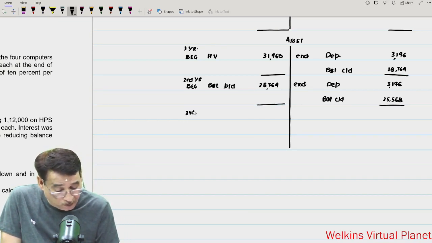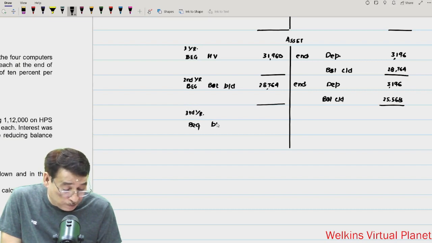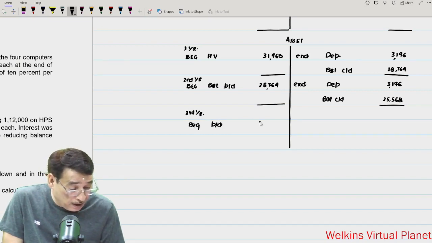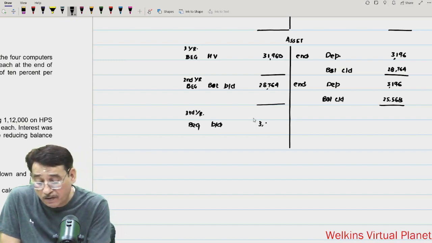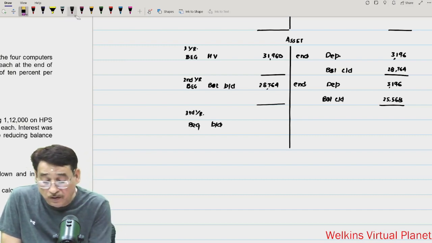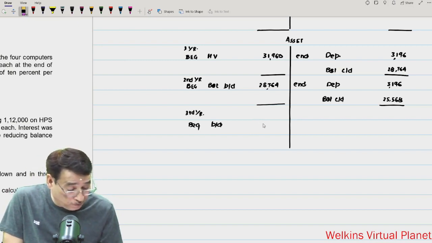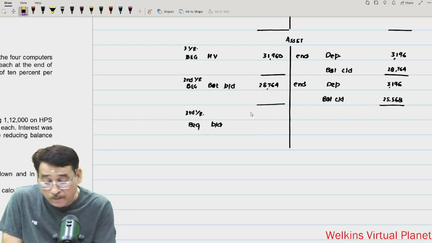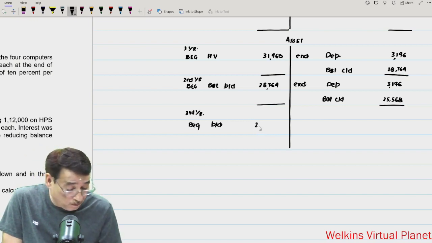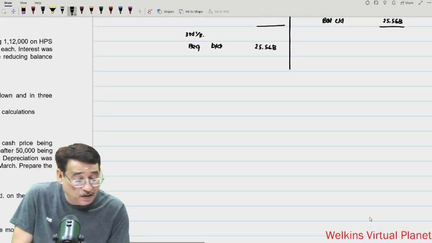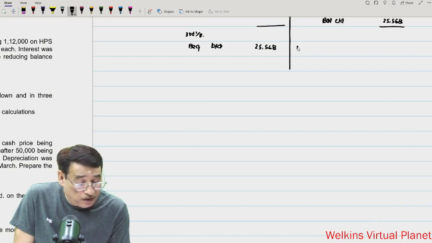Third year. In the third year, you will write here balance brought down once again, that is 25,568. Then you will reach the end of the year.